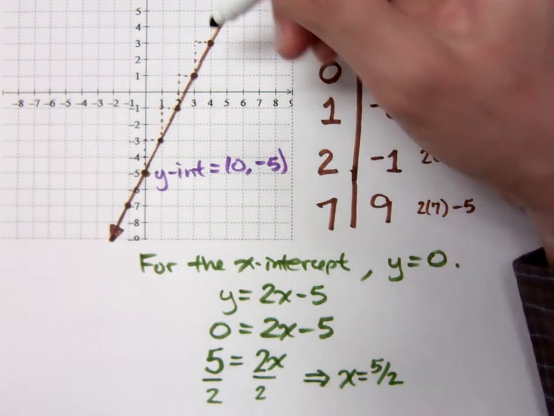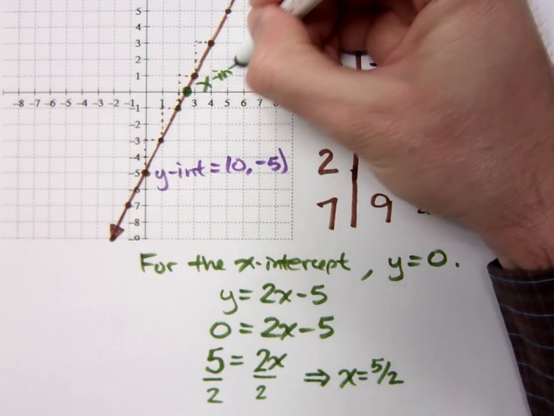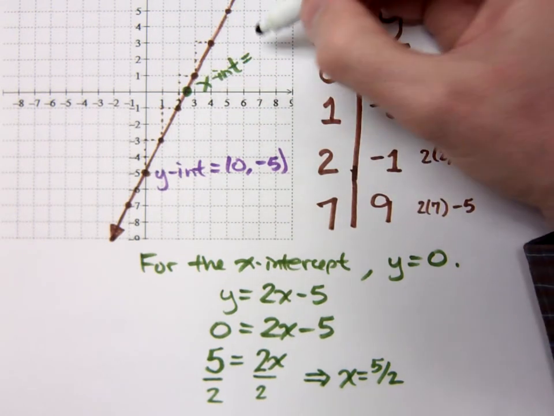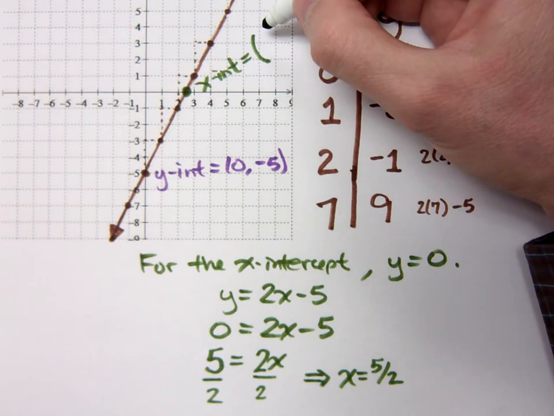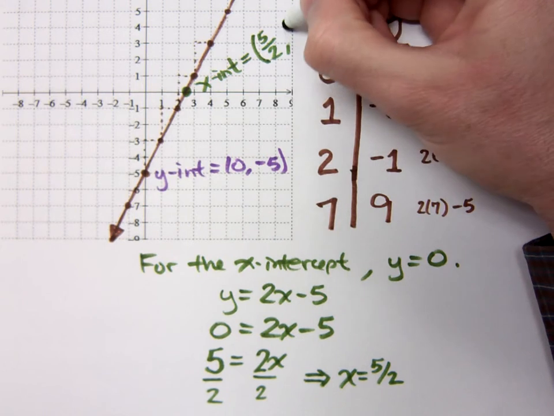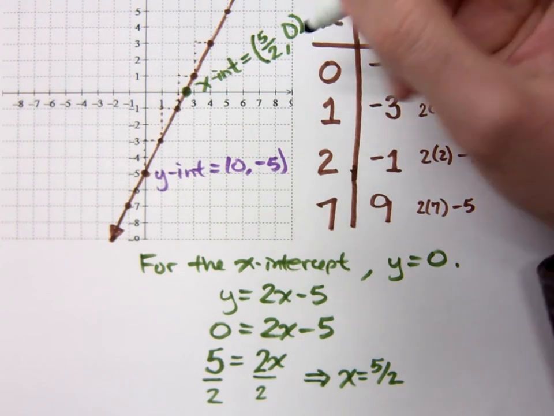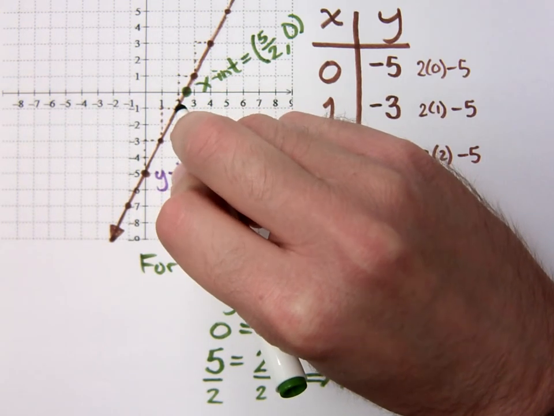And if you look in the picture, this is my x-intercept. So what are the coordinates? 5 halves, 0. What's another way to say 5 over 2? 2.5. Does that match up with the graph? Yeah.